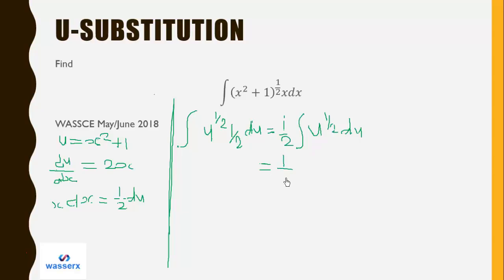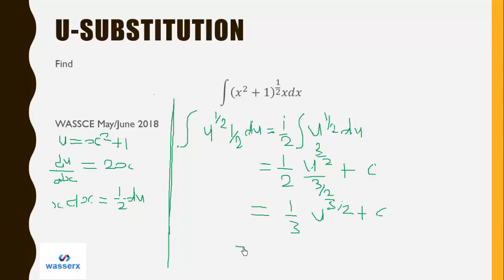So we add 1 to the exponent, which will give us 3 over 2. Then we divide by the result, which is 3 over 2, plus the constant of integration, c. Now we simplify this to obtain 1 over 3 u to the power 3 over 2 plus c.